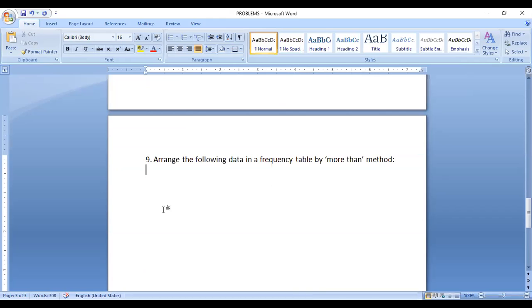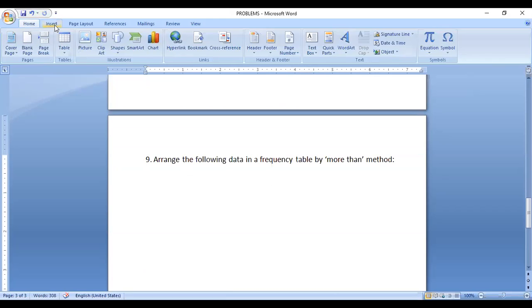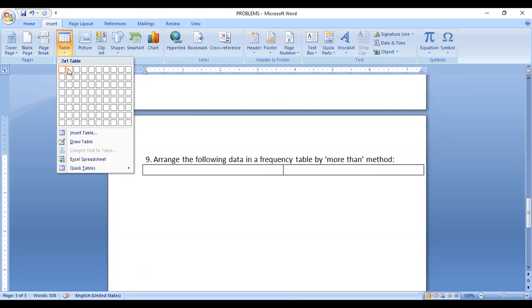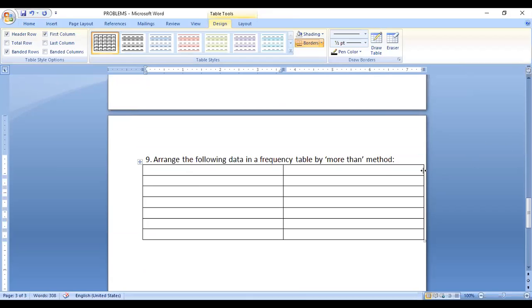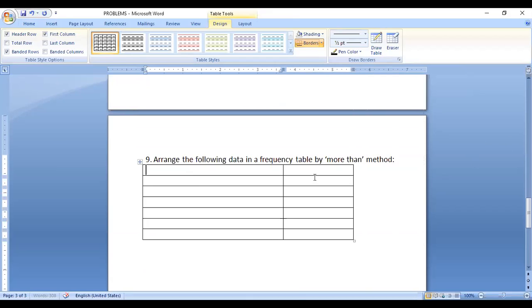More than method is there, less than method is there. We will come to know about them. How to arrange them, we will see.